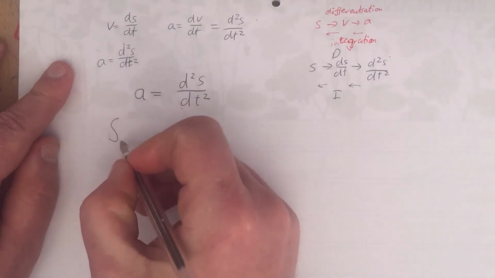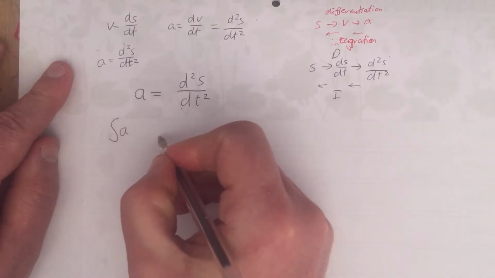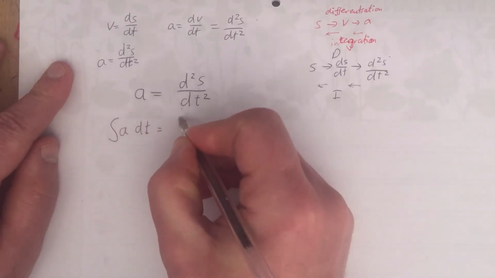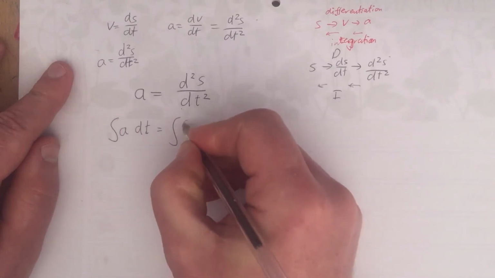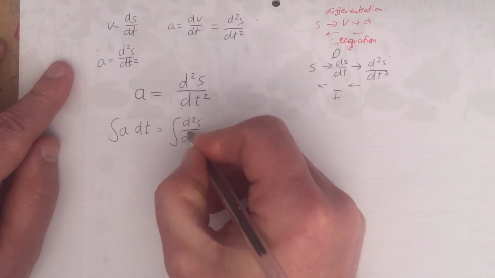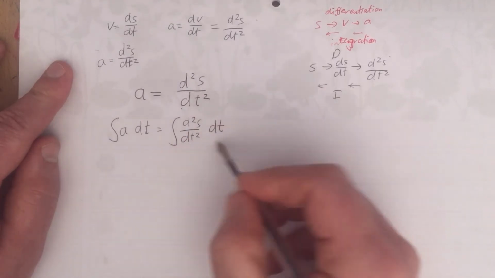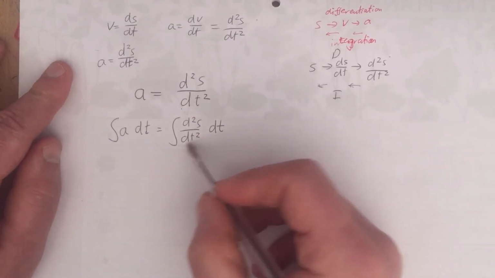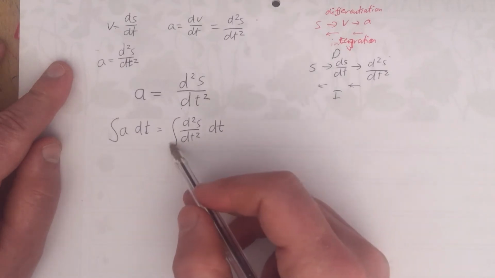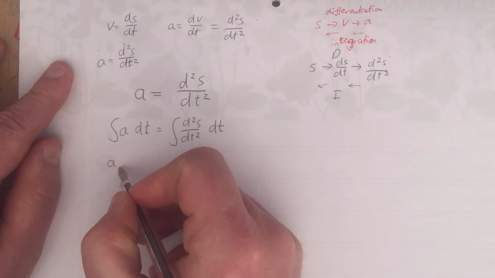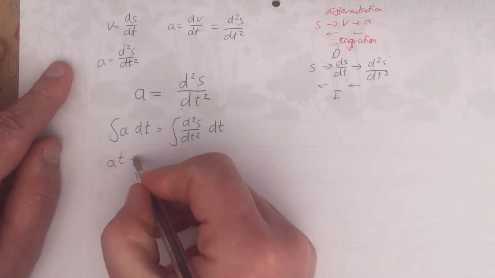So we'll do the integral of a with respect to t, and on this side we'll do the integral of d2s by dt squared with respect to t. So we're doing the same thing to both sides. It's effectively an integral equation. Now if we integrate this, we're going to get a times t plus a constant.